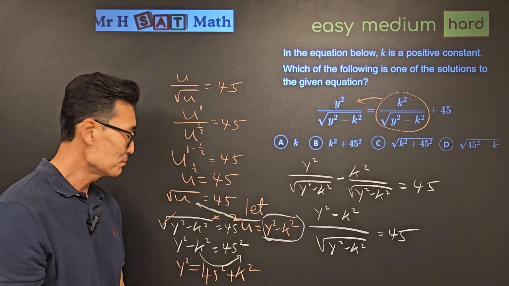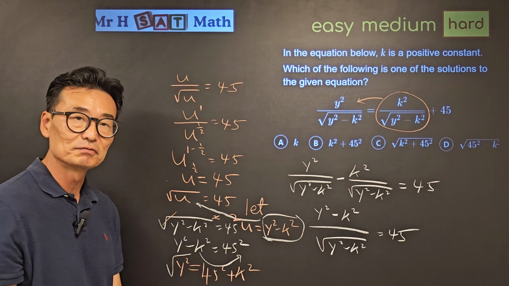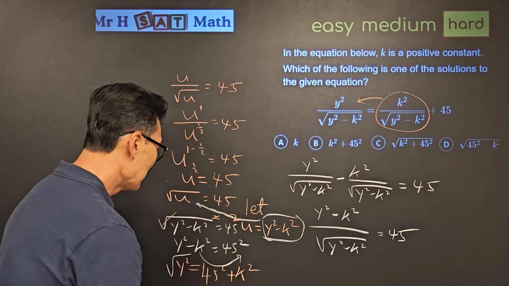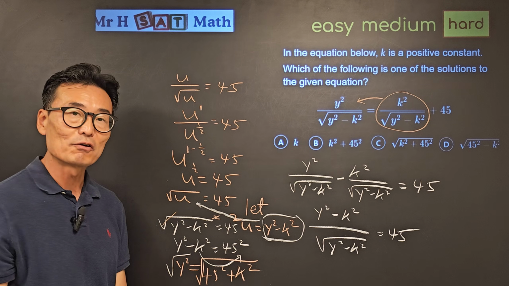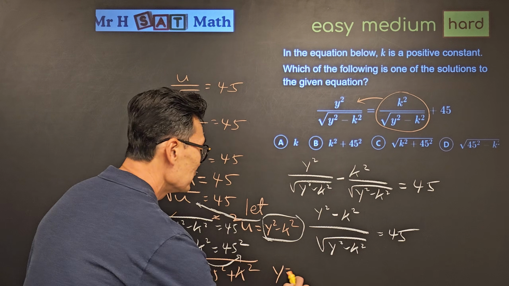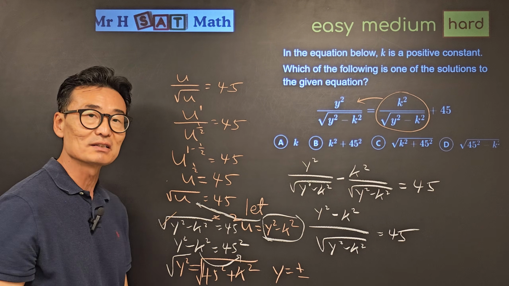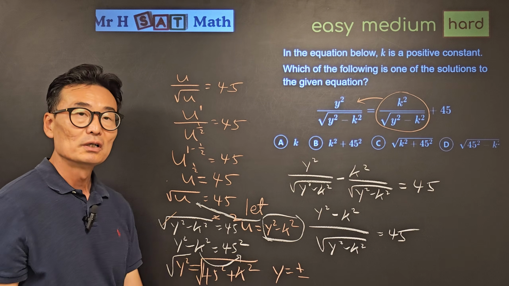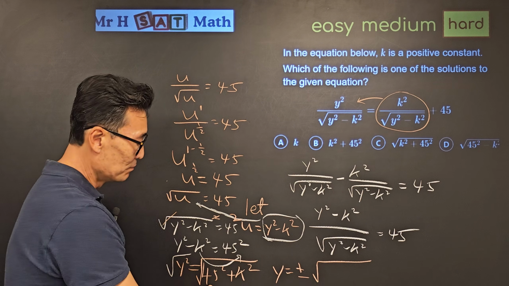Then our final step to get rid of that square sign is to take the square root of the left side and the square root of the right side, where our final answer will be y equals plus or minus. Since we took the square root of the left and the right side, we need to add a plus or minus sign. Square root of what we have here, 45 squared plus k squared.